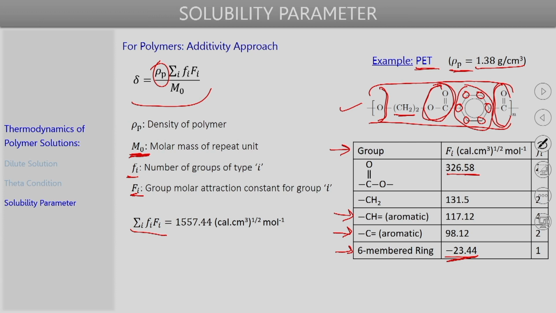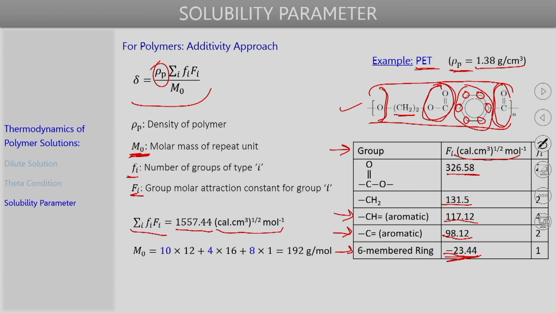So, we get 2 multiplied by 326.58 plus 2 multiplied by 131.5 plus 4 multiplied by 117.12 plus 2 multiplied by 98.12 plus 1 multiplied by 23.44. If we add all the terms up, we get 1557.44, and this is the unit that we are working with, because that is the unit in which this capital Fi is reported.